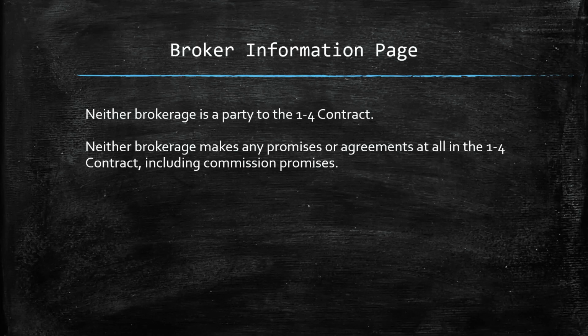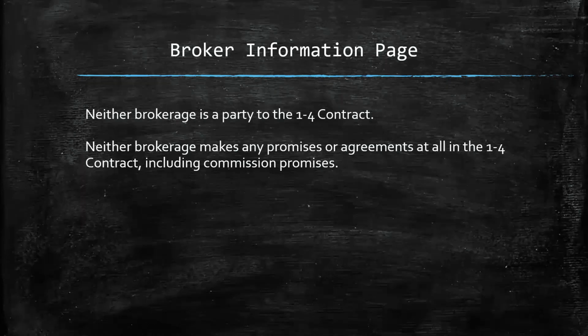If the listing broker or if either one of the brokers really decides to write in a number for the compensation on that disclosure statement that is different from what is in the MLS offer of compensation, that is not binding at all. It's meaningless because neither brokerage is a party to the 1-to-4 contract.